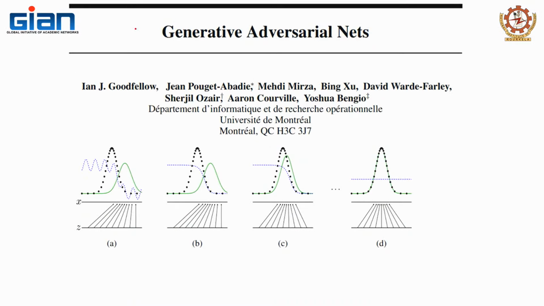So, moving on. This is the work by Ian Goodfellow. He is, I would say, one of the pioneers in generative AI. If you look at the image, it nicely shows a discriminator, and then you are generating different data points. Okay. So, this works in various steps.